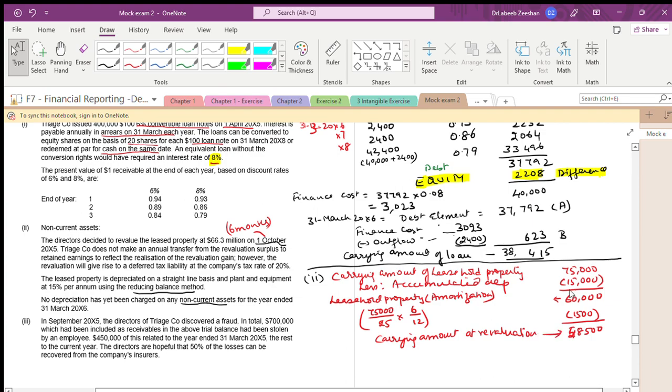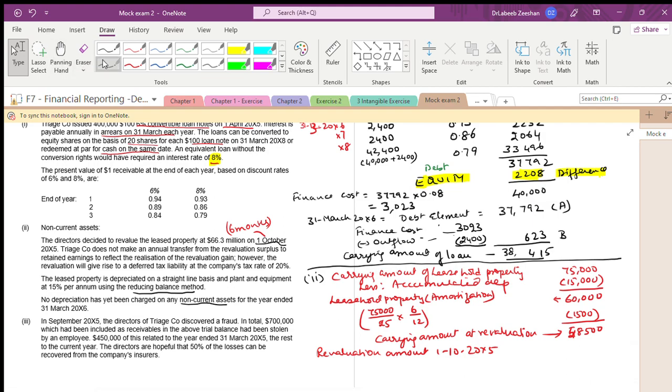Now, what is the revaluation amount? Revaluation amount on 1st October 2005 is how much? 66,300.